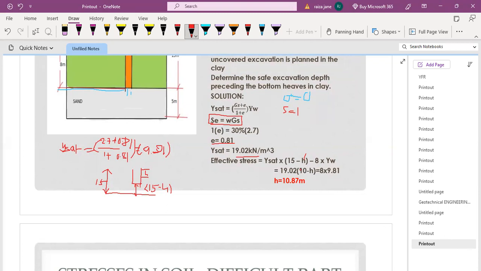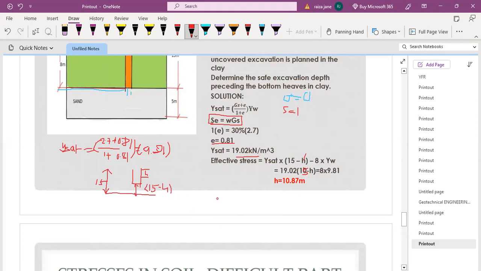Right, 19.02, 10, I mean 15, 15 here. So 15 minus h equals to 8 times 9.81 will be 10.87.